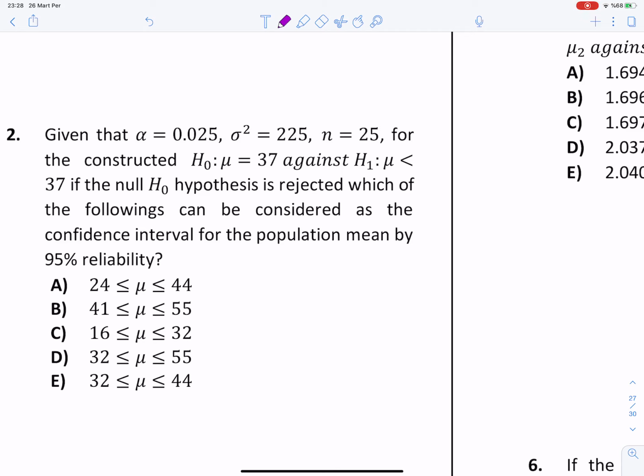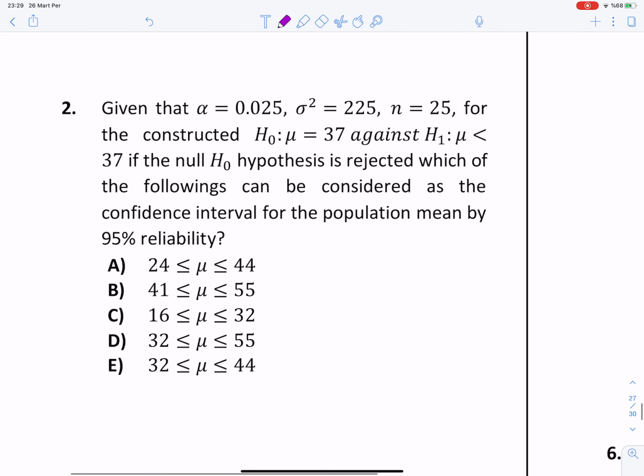So it makes in total 0.05 for the rejection level, 0.025 will be on the left side, and 0.025 will be on the right side. So there are two confidence intervals you may use to reject the null hypothesis from the five given options.